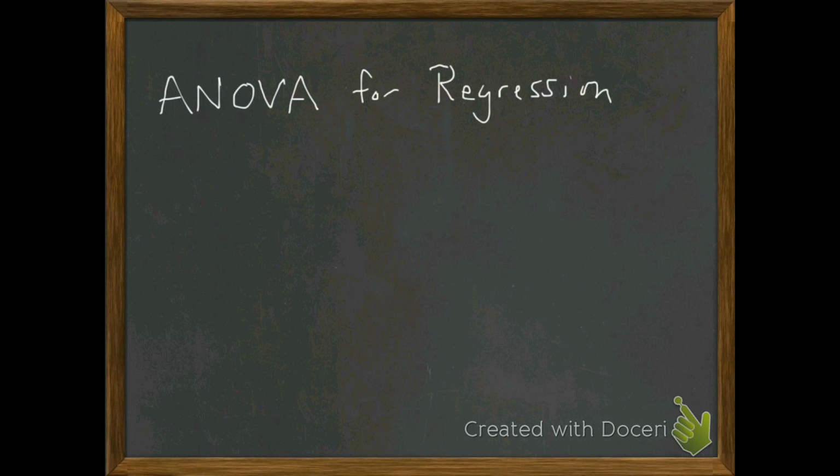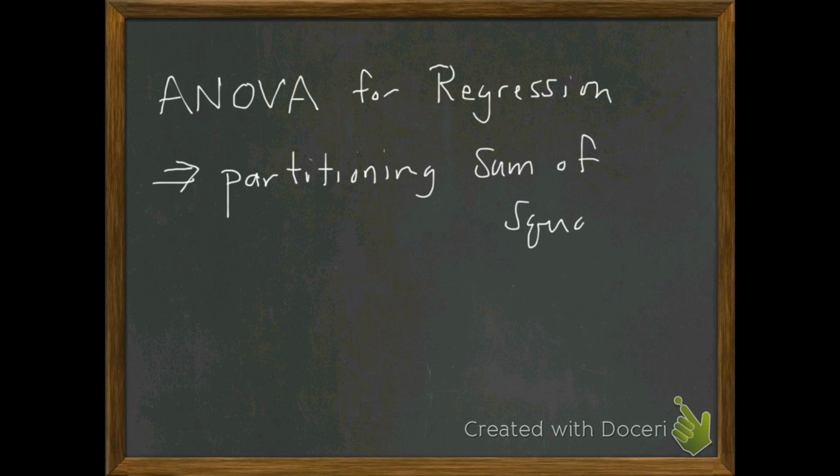So guys, going to start out by just looking, again, at ANOVA for regression. And what we're going to do here ultimately is examine how we partition out certain very important variations that we call sum of squares.